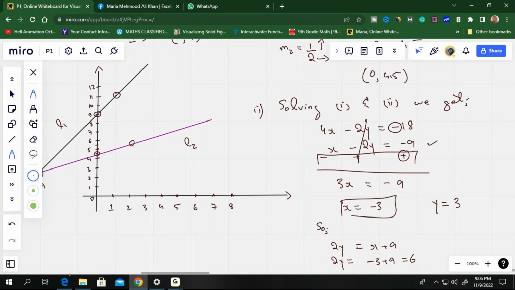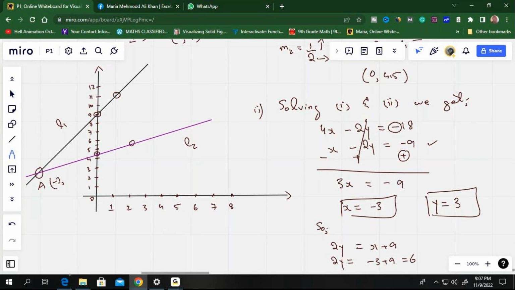For the second equation you're going to focus on these changed signs, and for the first equation you're going to pick up the original signs. Are you getting me? Yes. Otherwise I won't be able to eliminate y in that way if I focus on the previous signs. So y is coming out to be 3. So the coordinate of this point A is minus 3, 3. This is it.